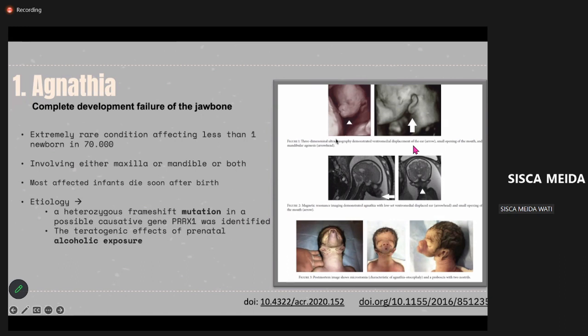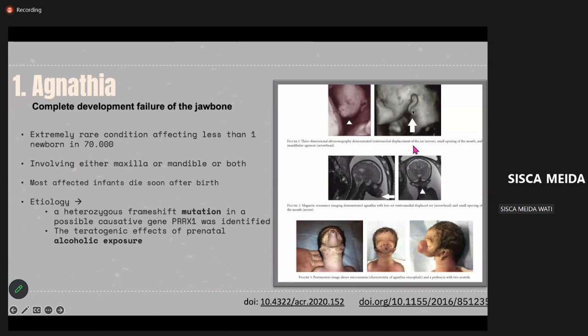So as you see in the pictures, this is the condition of agnathia when it is detected using 3-dimensional ultrasonography, or 3D USG. And this is the magnetic resonance imaging, or MRI. You see, right?